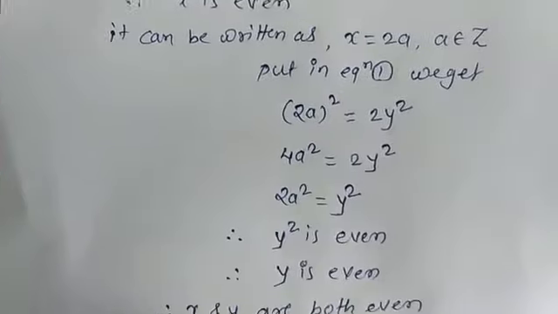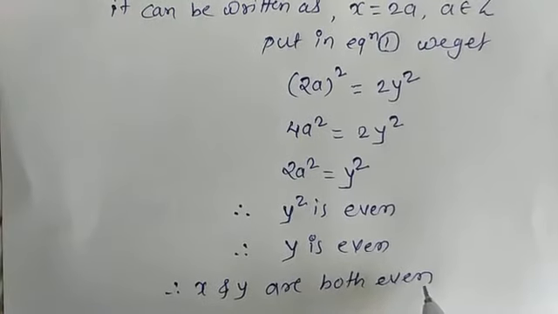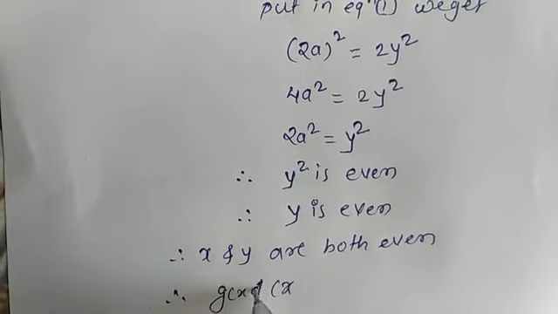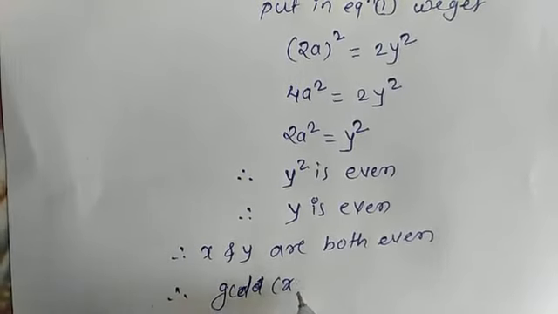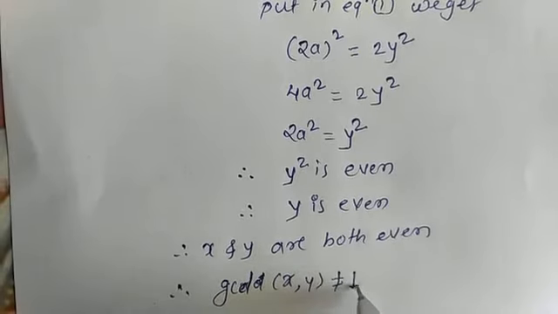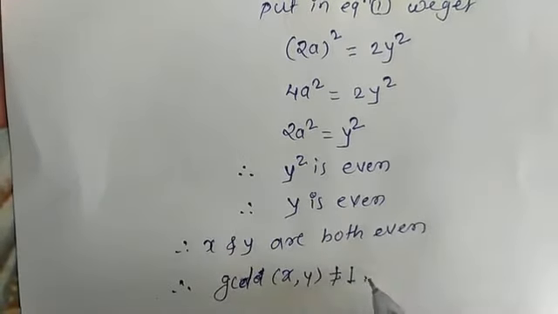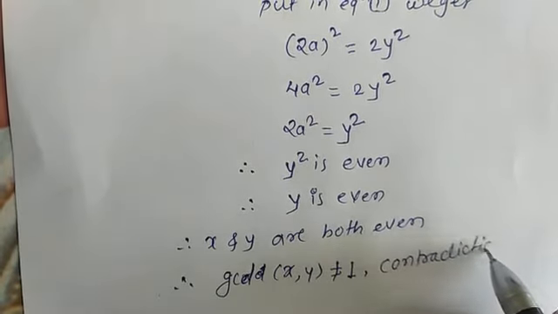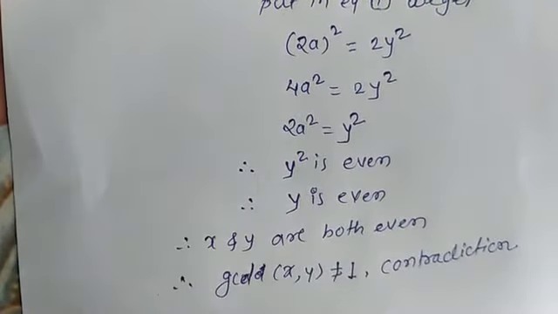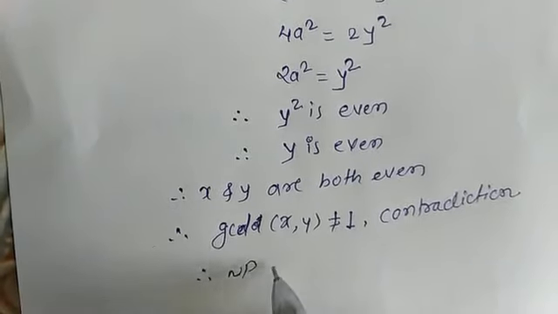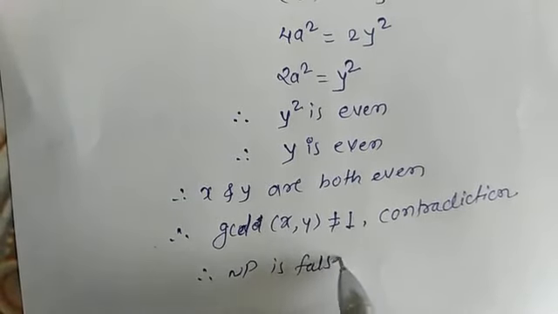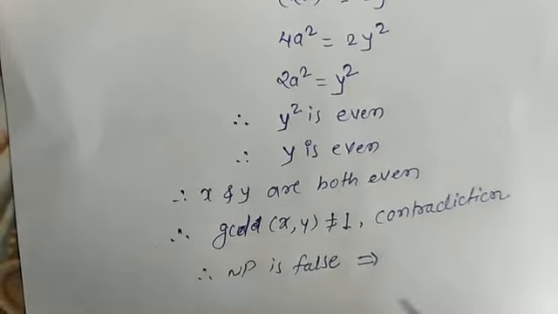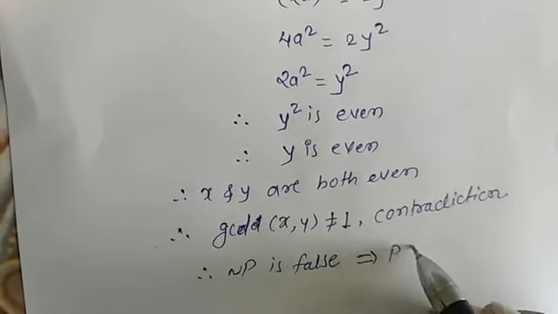Therefore, as x and y are both even, GCD of x, y is not equal to 1, which is a contradiction. Therefore, negation of P is false, which implies that P is true.